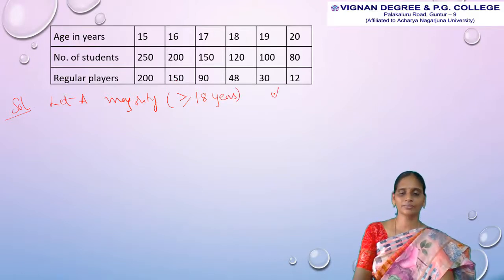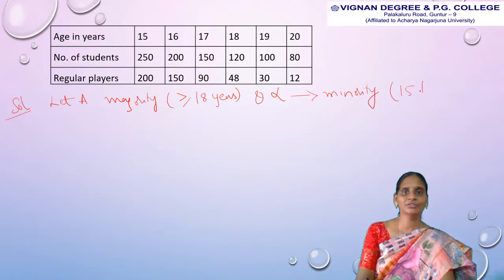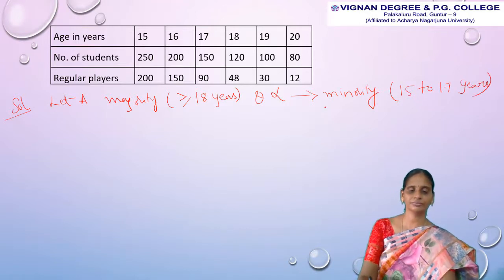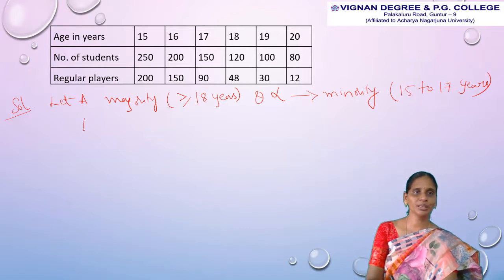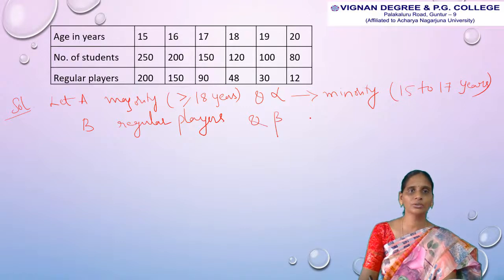And alpha can be denoted by minority, between the ages 15 to 17 years. And attribute B is denoted by regular players. And beta can be denoted by not regular players.